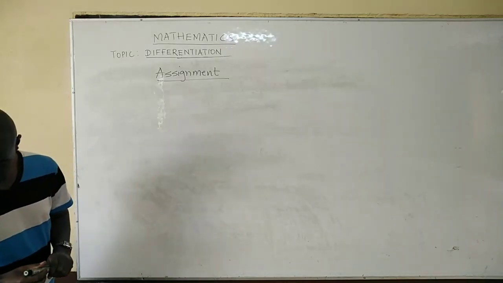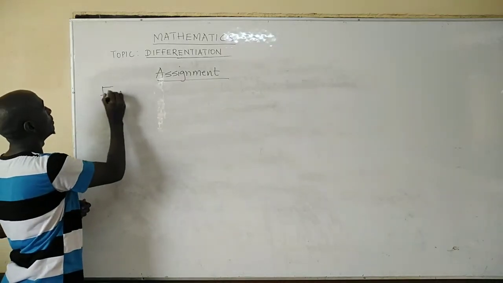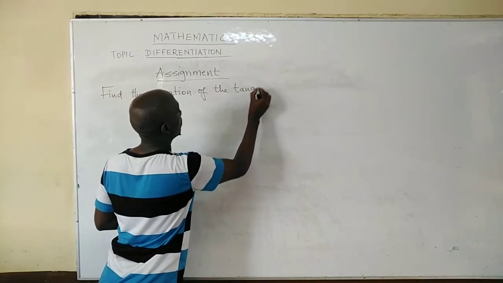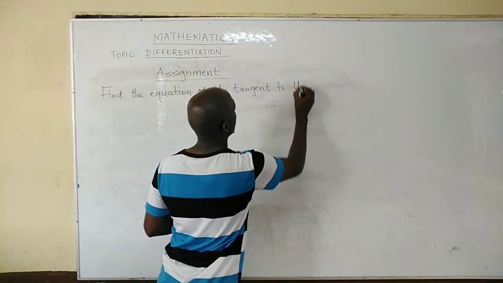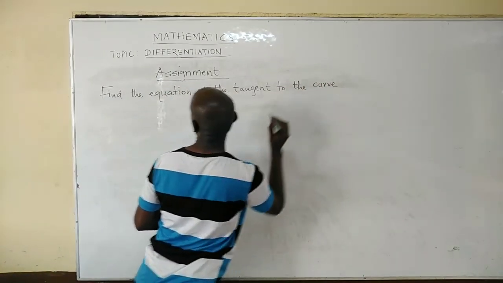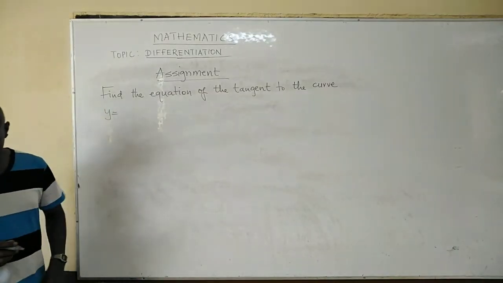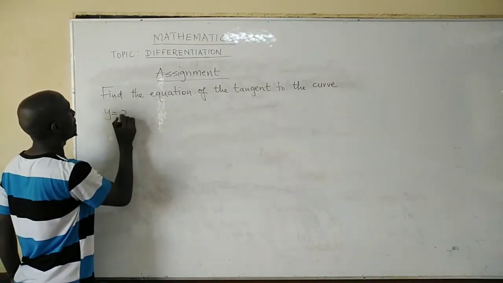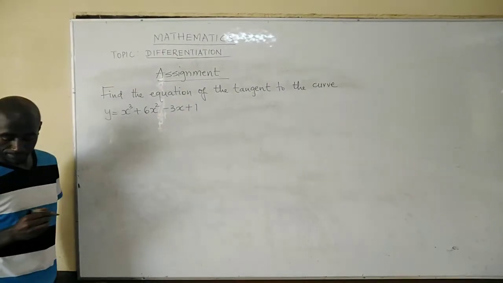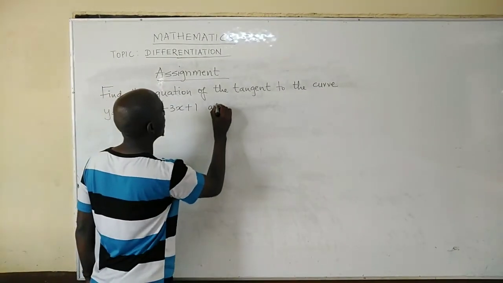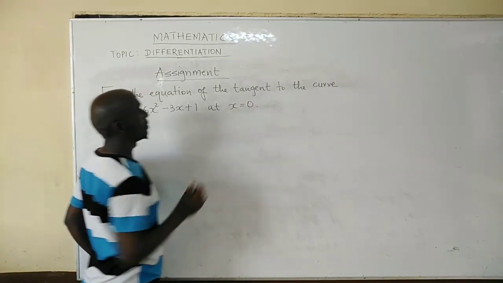Find the equation of the tangent to the curve y is equal to x cubed plus 6x squared minus 3x plus 1 at x is equal to 0.